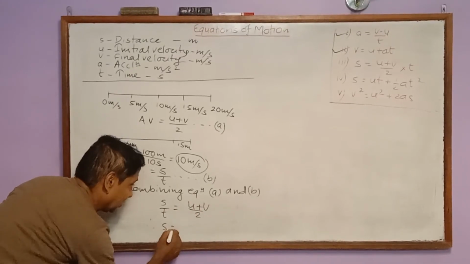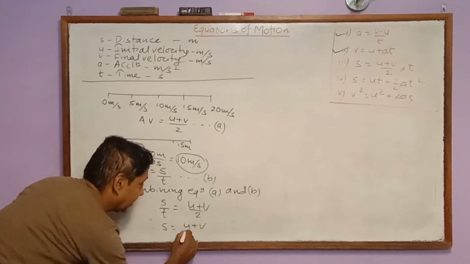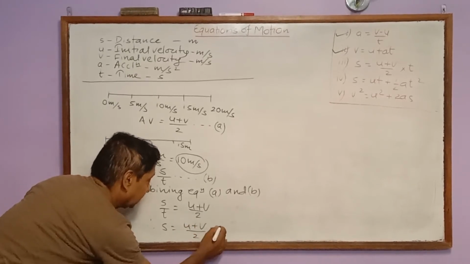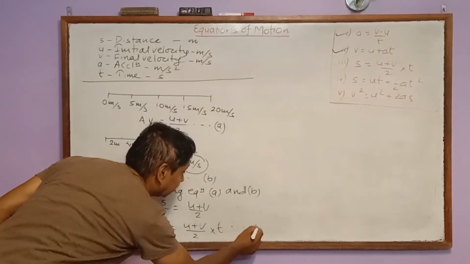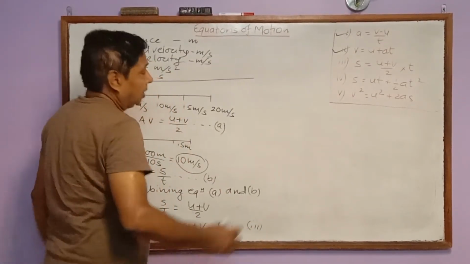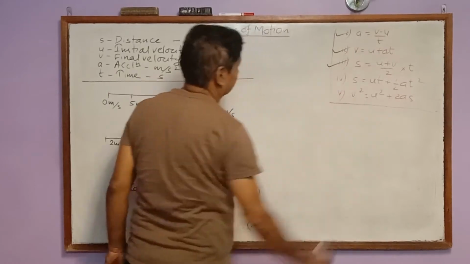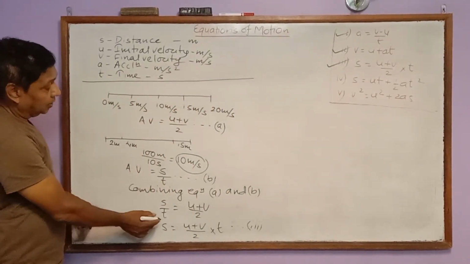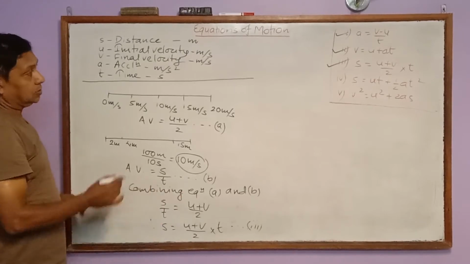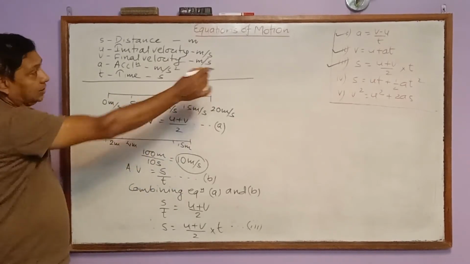Therefore, s is equal to (u plus v) by 2 into t. This is equation number 3. The third equation is also proved. This way, distance covered equal to (u plus v) by 2 into t is proved.